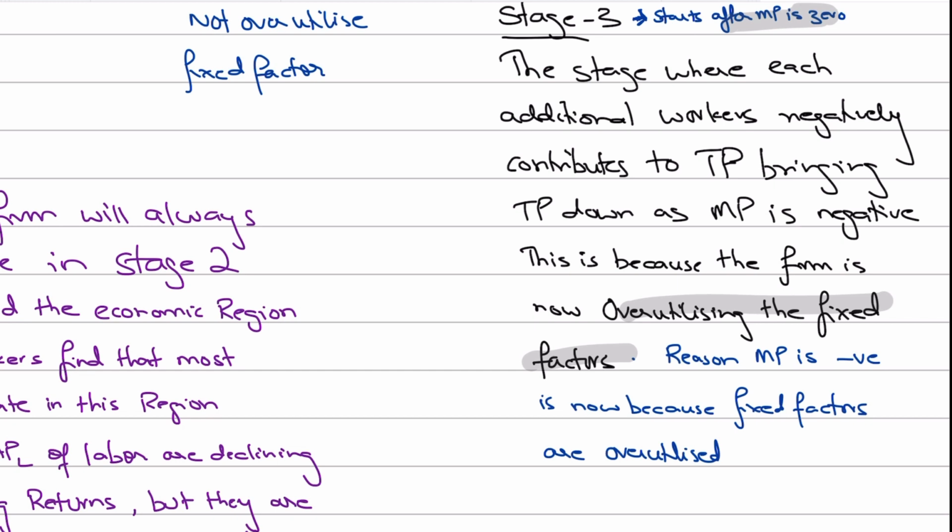It's sort of a burden. The variable factors are becoming a burden on the fixed factors. Although that burden started to seep through the moment your diminishing returns kicked in, there was still some space for more variable factors to be hired on those fixed factors. We could sort of fit.